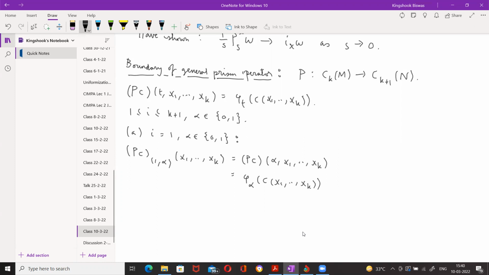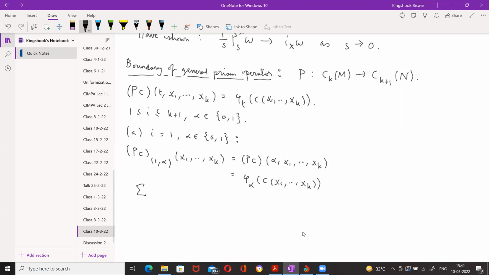Right. So when alpha is 0, I'll get phi_0, which is F composed with c. And when alpha is 1, I'll get phi_1, which is G, so I'll get G composed with c.